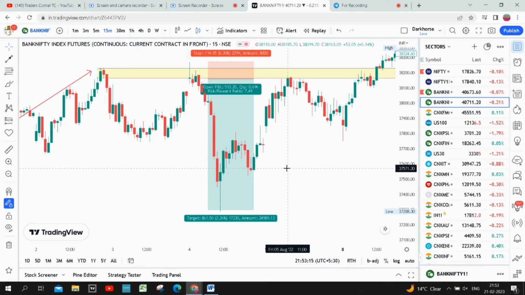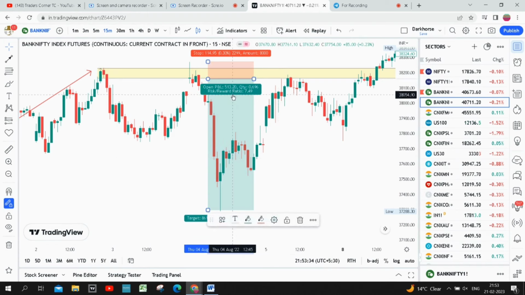Why have I shown you Nifty and Bank Nifty? It is because we are mostly doing intraday. We initiate a trade, book our profits, and take rest for the rest of the day. This is why we choose 1 hour and 15 minutes analysis for intraday trading.